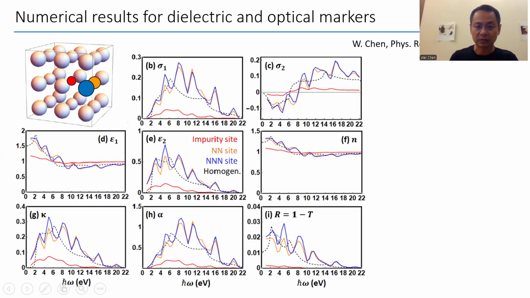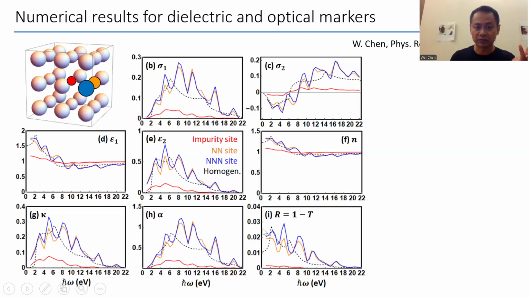You see, for instance, the reflectance as well. The reflectance on the impurity site is pretty much suppressed, while on the nearest neighbor site, it has pretty much recovered to the homogeneous value. I should also comment that you see all these spiky features here.